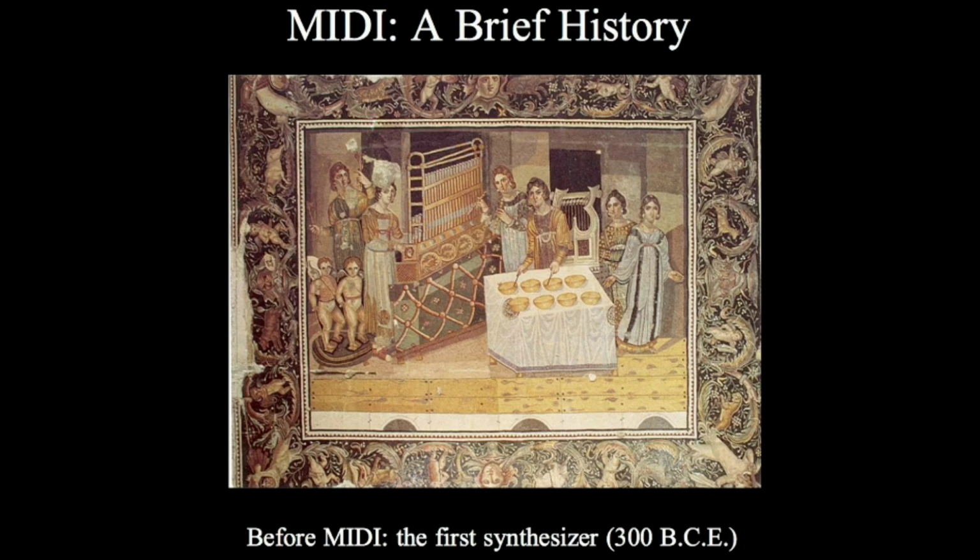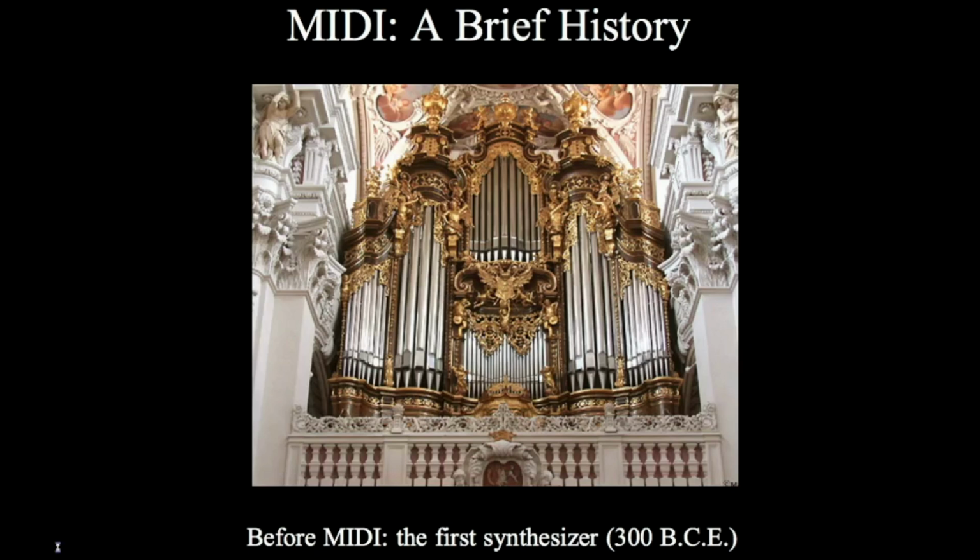So this machine, this organ, again, a pipe organ is a machine, dates all the way back to 300 BCE. Of course, we are more familiar with pipe organs in relation to the Christian church, I would assume.